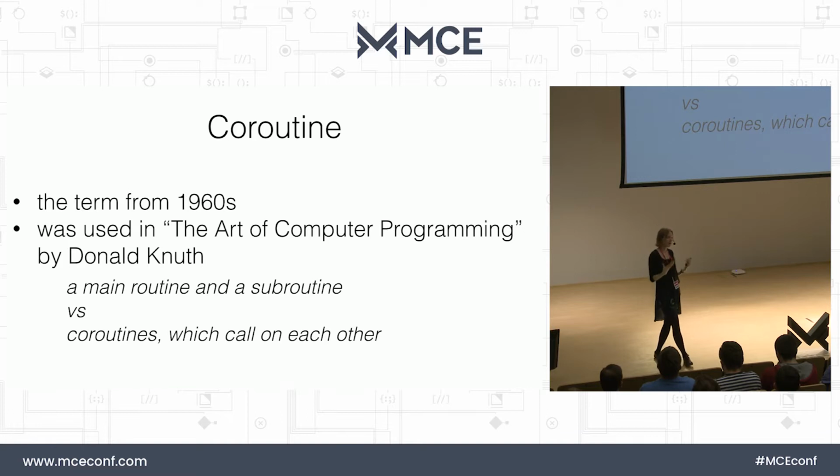For him, coroutines were just independent subprograms that were able to call each other. And today we're going to see how this first idea is now present in a modern language like Kotlin.